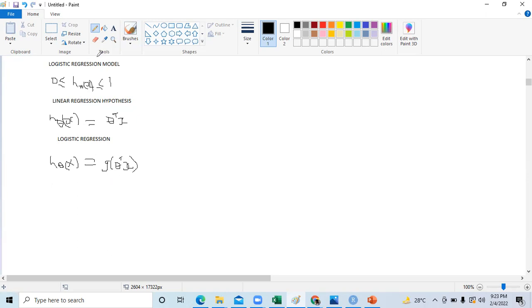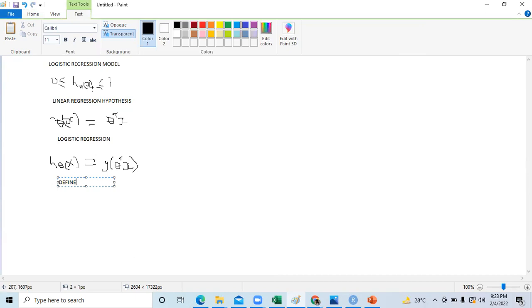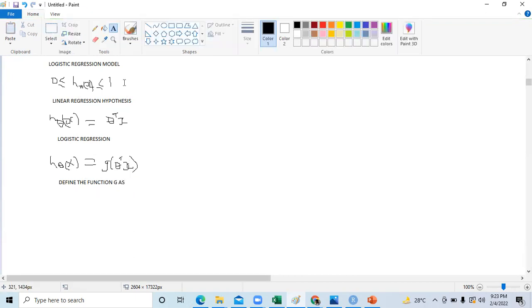And then we'll define the function g as g of z equal to 1 over 1 plus e raised to power minus z.